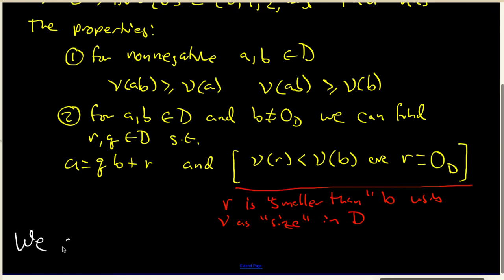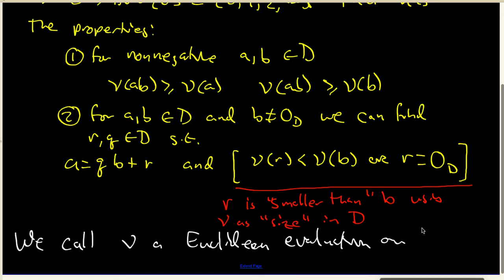We call nu a Euclidean evaluation on the domain D when we happen to have a Euclidean domain. And the last thing that I want to do in this video is I want to go back and look at the Euclidean evaluations for the rings that we already know about the division algorithm in.